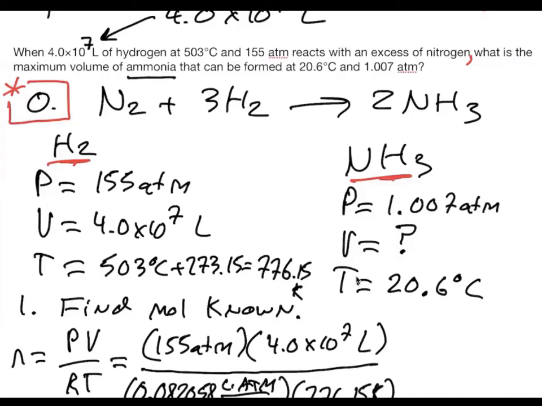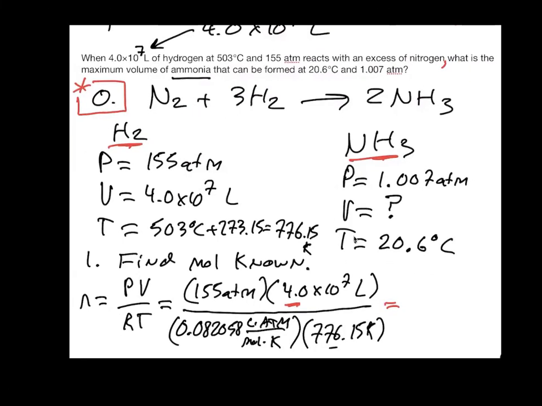So it looks like I have 2 sig figs because of the volume, but I get, that's a lot of moles. Well, we had a very large amount and a very high pressure. So that sounds reasonable. I got 9.7 times 10 to the 7 moles of hydrogen.